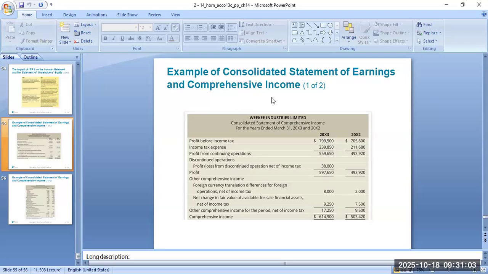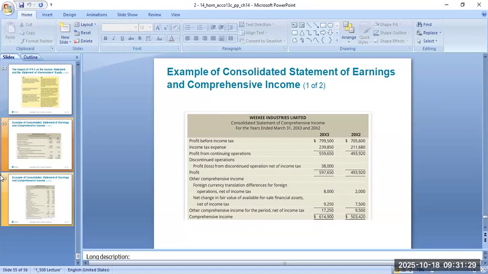Now, the example of the consolidated statement of earnings and comprehensive income is for International Financial Reporting Standards. Under the International Financial Reporting Standards, there is no such thing as an income statement. The income statement is called the consolidated statement of earnings and comprehensive income.